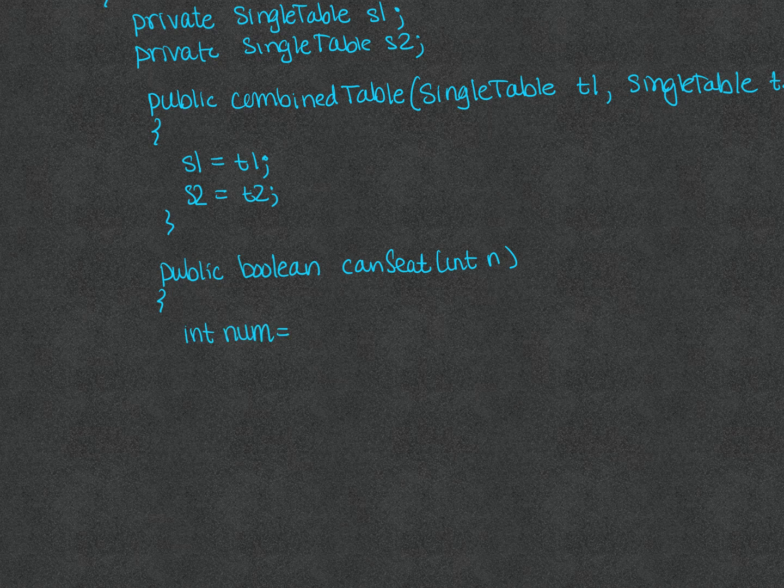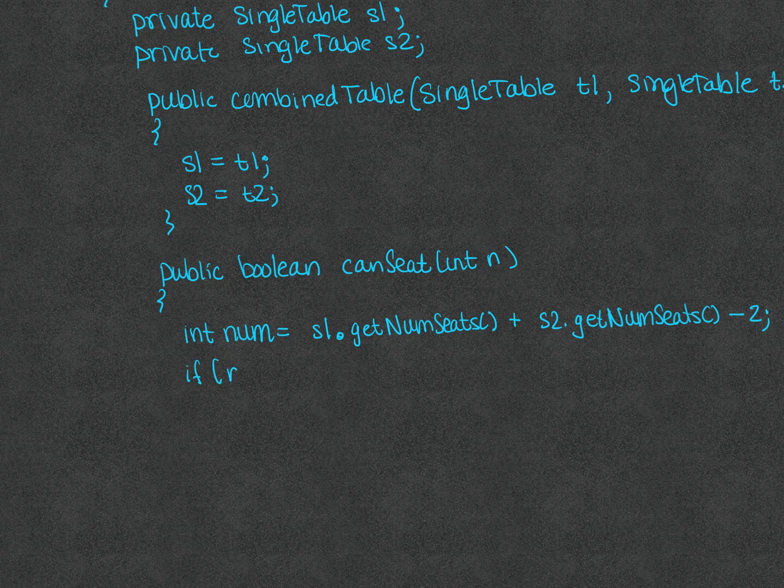That's going to be the object's S1 dot get num seats, and then we're going to add in S2 dot get num seats, and then subtract 2. So that's the number of people we can actually seat. So if the number of people we want to seat is less than the number of chairs we have, then return true because we have that many seats. Otherwise, you're going to return false.